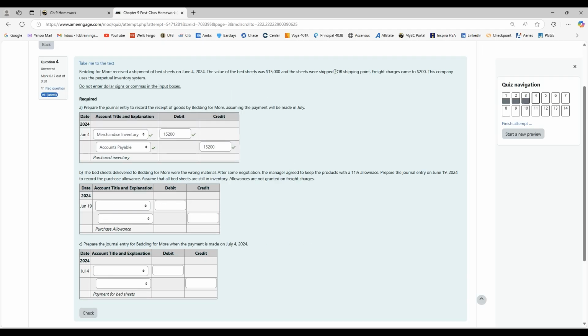And since we were FOB shipping point, like I said earlier, it's our inventory when it's shipped. We're paying the freight is basically what that's alluding to, and the full cost of getting the inventory to us is what we include as the value of the cost and what we had to pay for that inventory essentially.